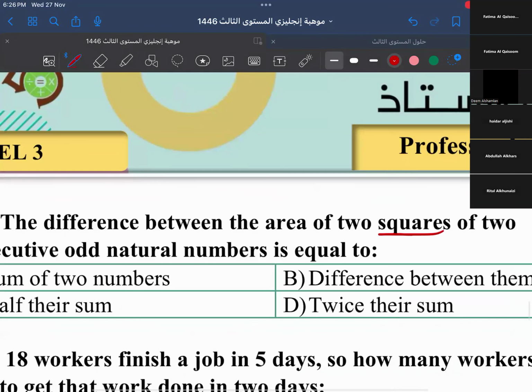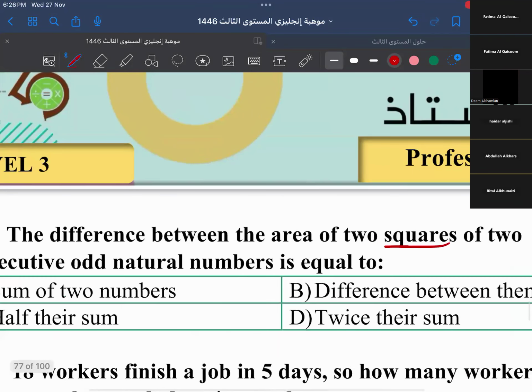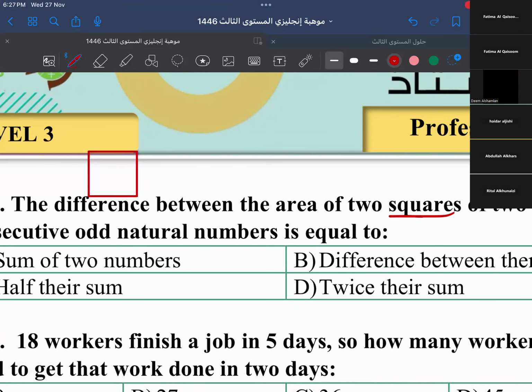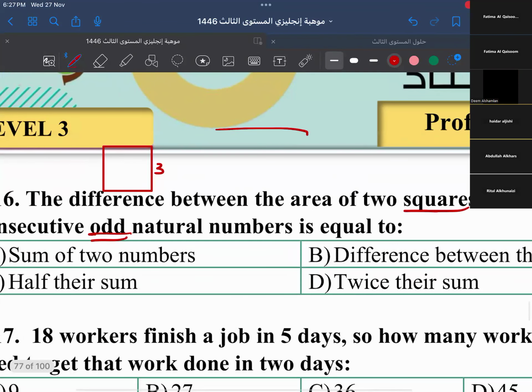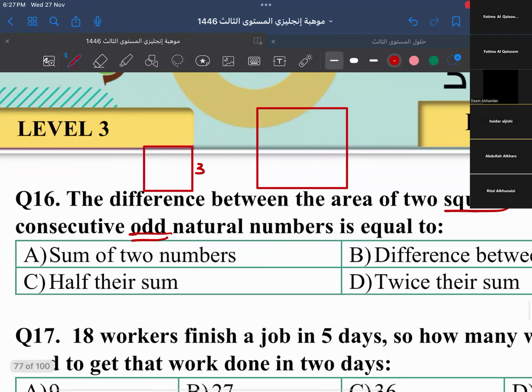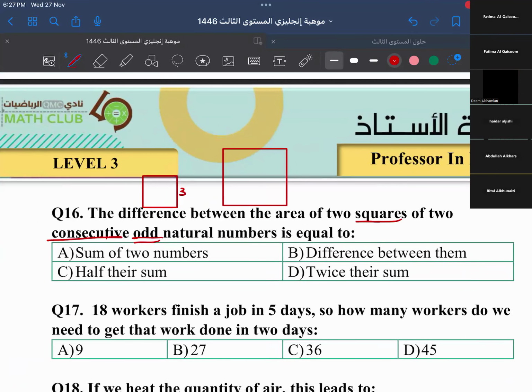So first we have one square, and they said that the number is odd. So let's choose an odd number, for example, 3. And they're asking about another square that is consecutive, meaning it's following the number 3. So it's also odd. So for example, we're going to put here 5.